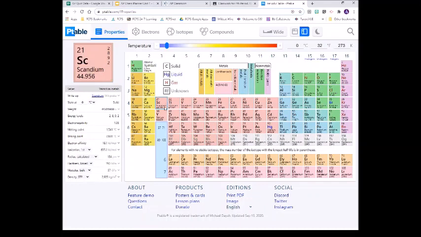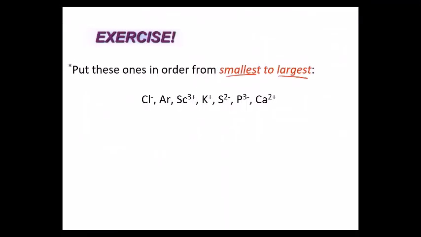So which one is going to be the largest out of our little series here that mimic argon? Largest would be phosphide. Yes, phosphide would be the largest because it has the least amount of protons. So I'd put that over here on this side. Phosphide's going to be the largest, right?